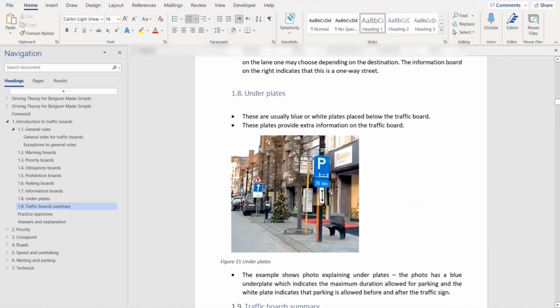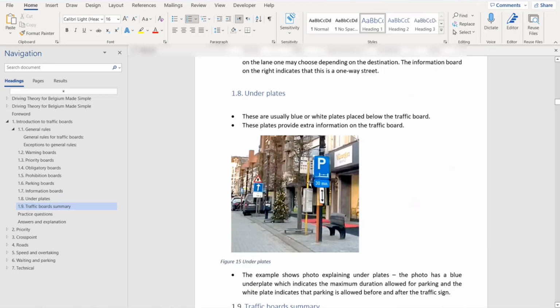Below that we have this blue plate and white plate providing additional information, which means that, for parking, let's say these 2 plates didn't exist, which means that you could have parked here for the entire day and the parking would have been free. But now they put restrictions on that by using these boards, which provide you extra information.